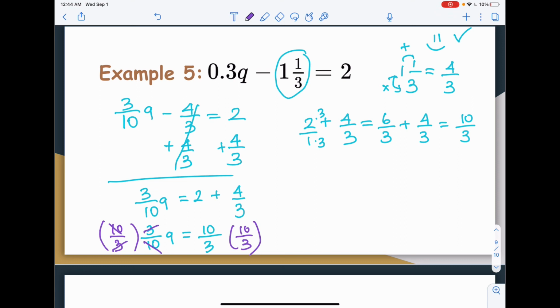Then on the right side, we multiply numerator by numerator, and denominator by denominator. Then q should be 100 over 9. So this is our final step. I'm going to have you pause the video and do the checking part, and then let's move on to the next question.